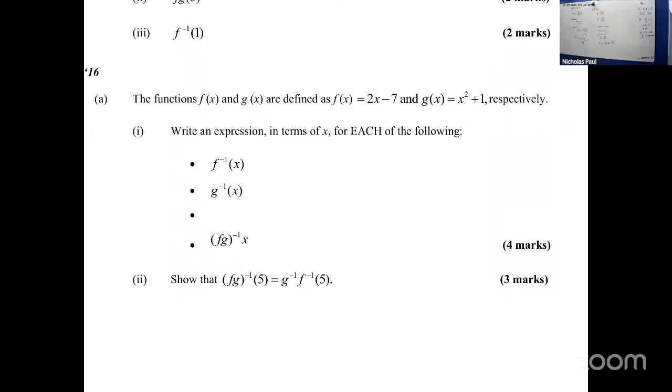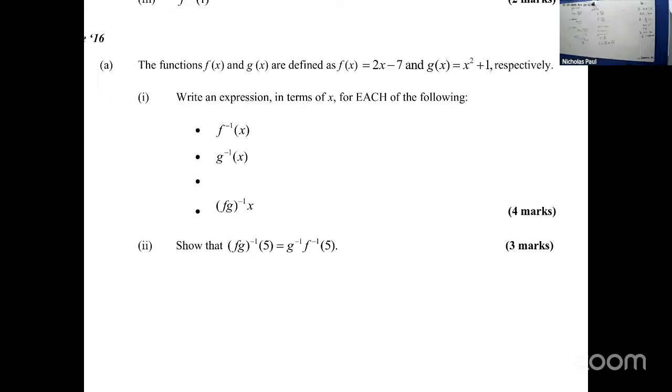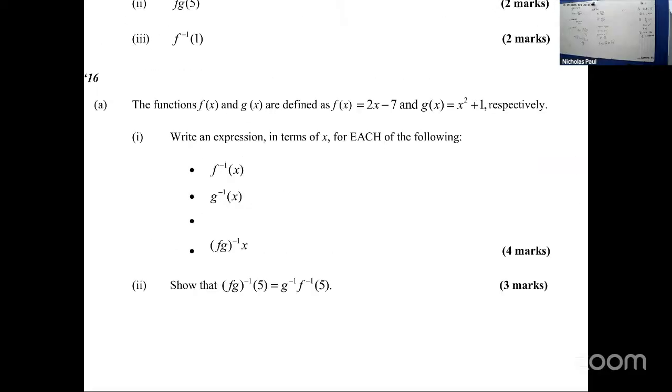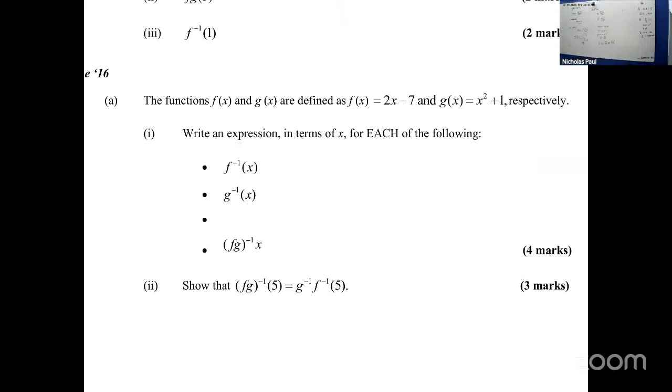Try this one, a little bit hard. I'm missing something. Hold on. I'm just going to write the terms.